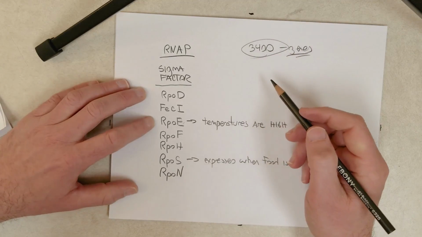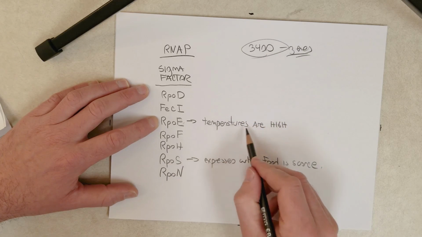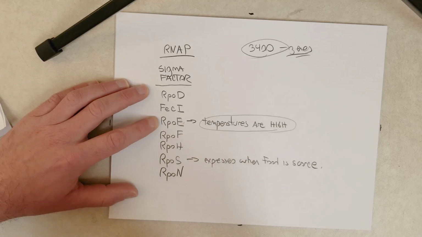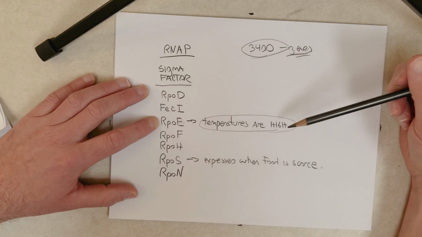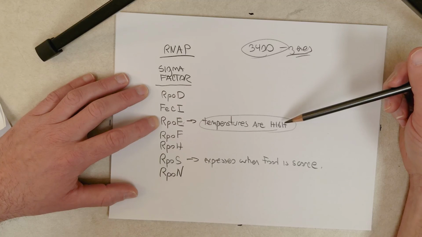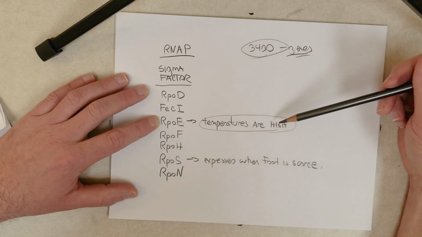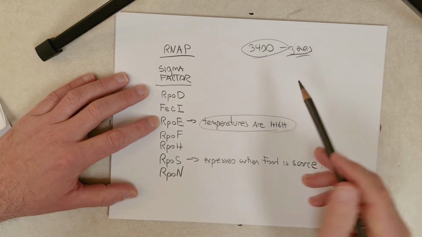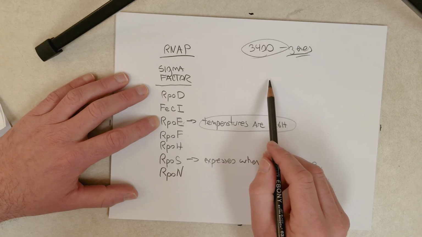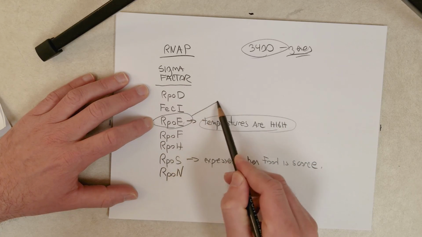So it's most likely the case that genes that are necessary at high temperatures, you might need genes that decrease the fluidity of the plasma membrane, for example. We might need to turn those on when the temperatures are high. And they probably have regulatory elements in their promoters that are best recognized by RPOE.